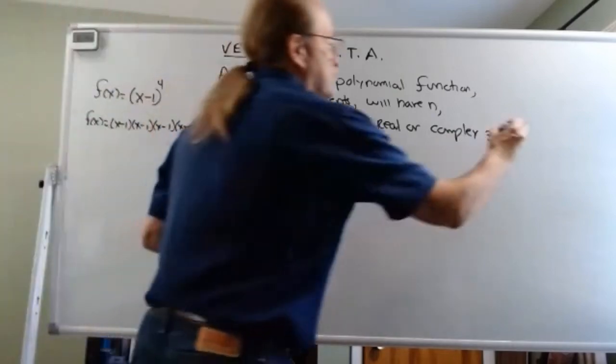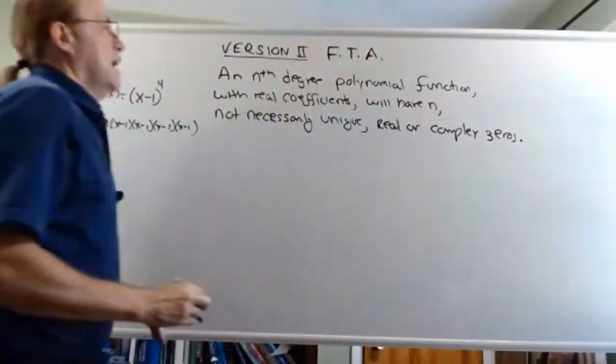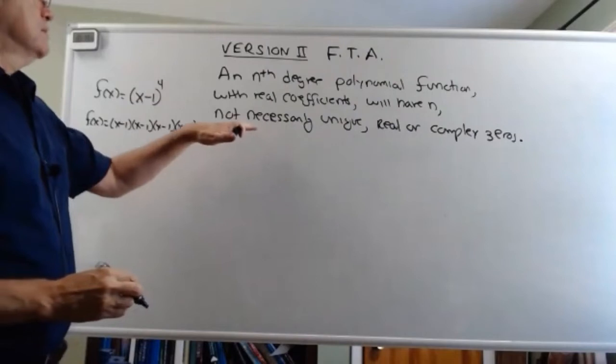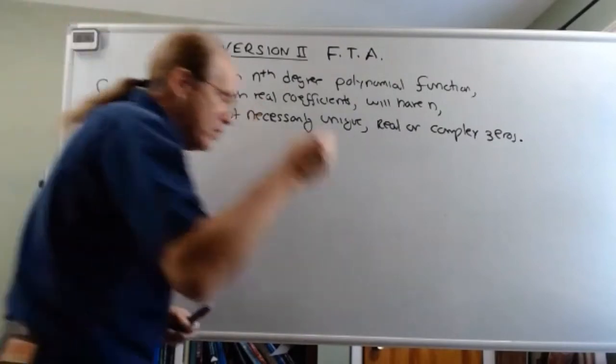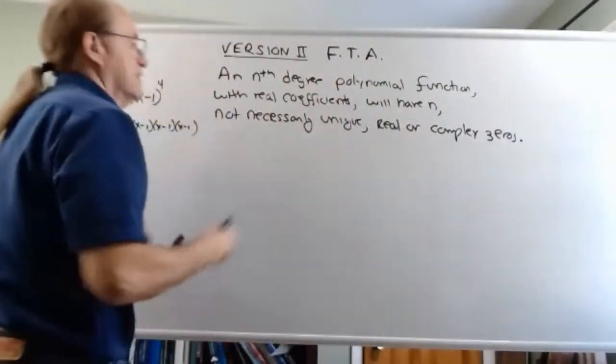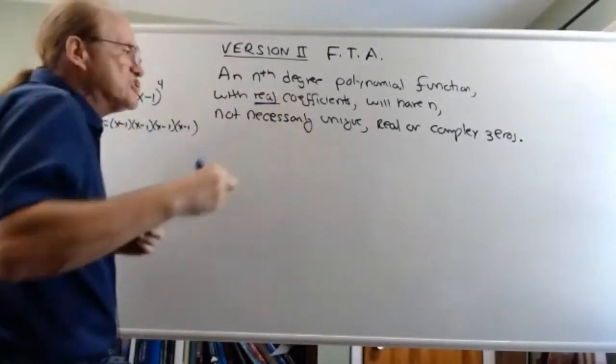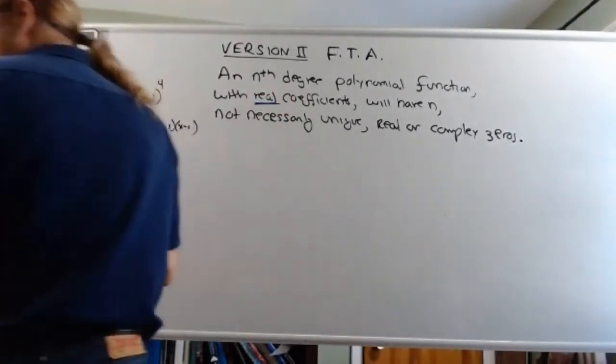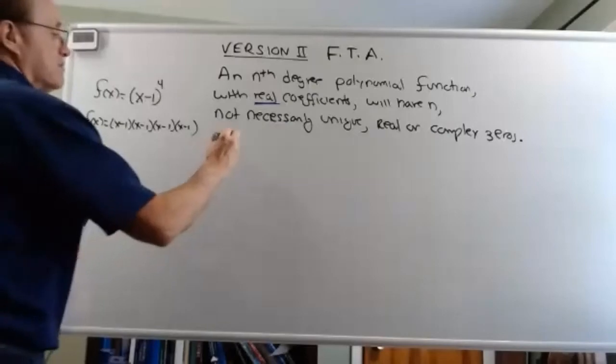This is good, but it's not enough. I'm using real coefficients. I want to further classify that or restrict it further, I guess you would say. So here are the further restrictions.